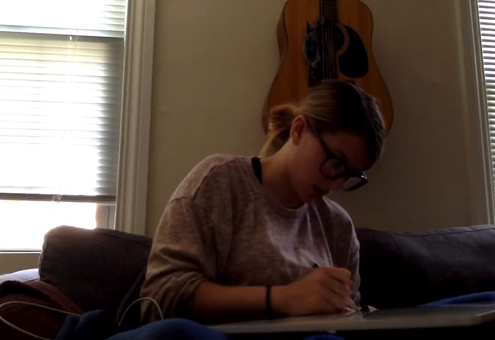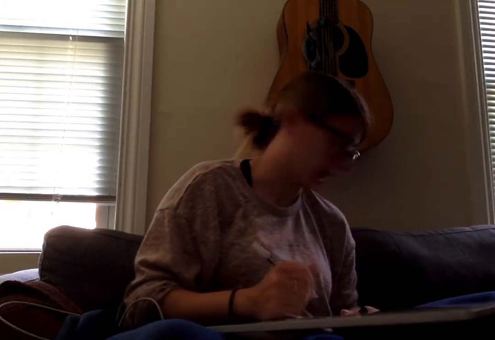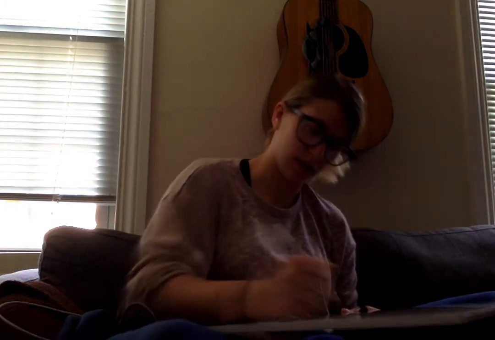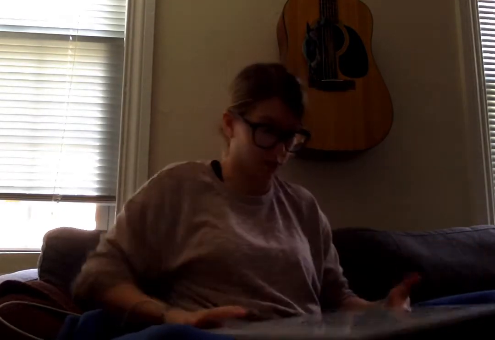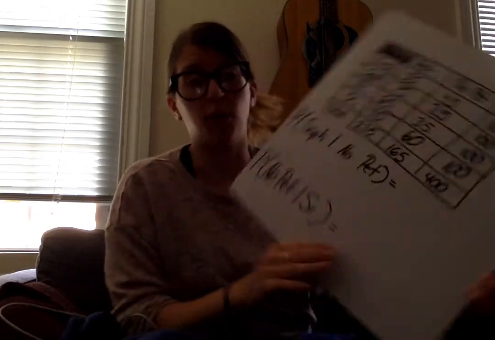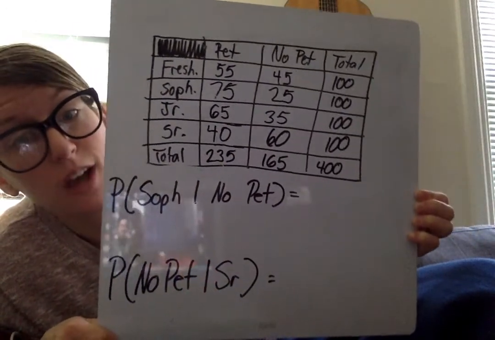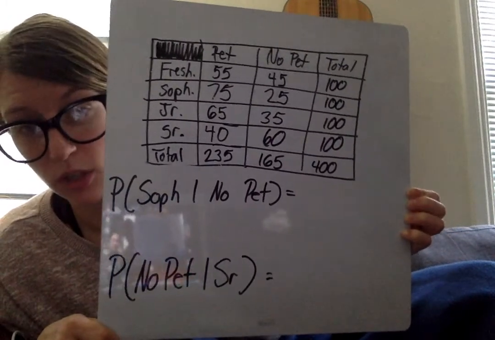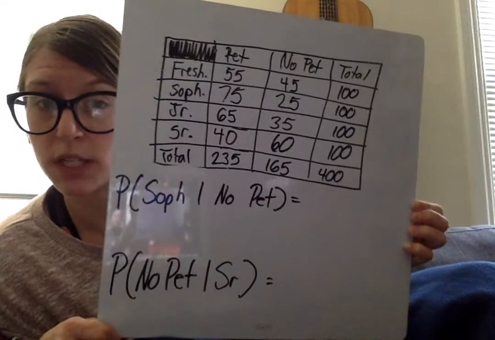And no pet, given that they are a senior. So if you would like to play along, you can pause the video and try and figure it out yourself, which would be now. And now I'm going to explain how to do it.